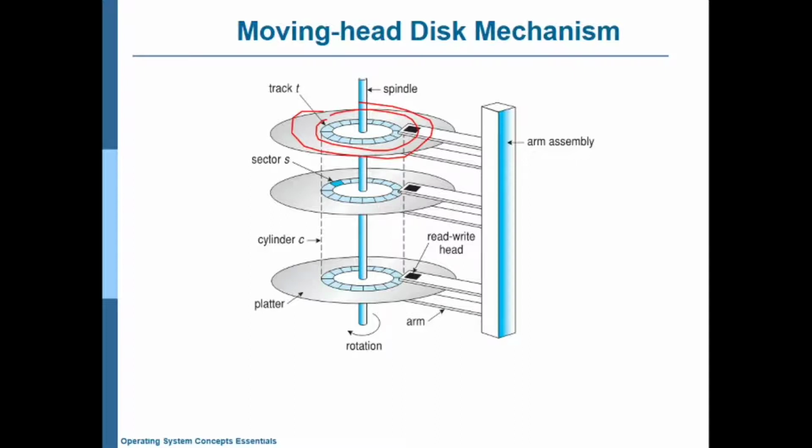This is what we call a sector. Each track is divided into sectors. There will be a number of disks, and the same position across the disks we call a cylinder.